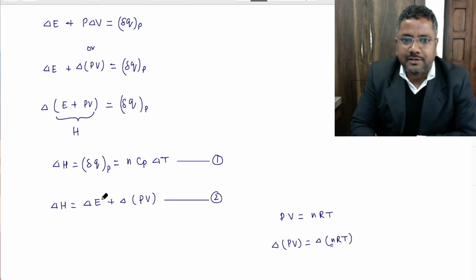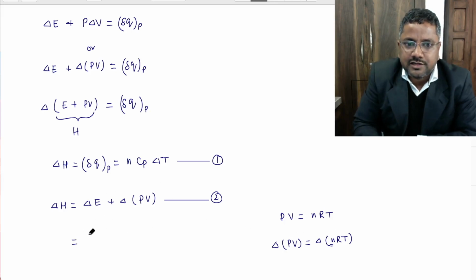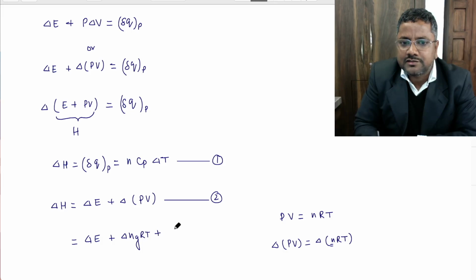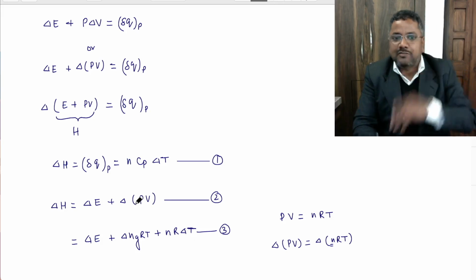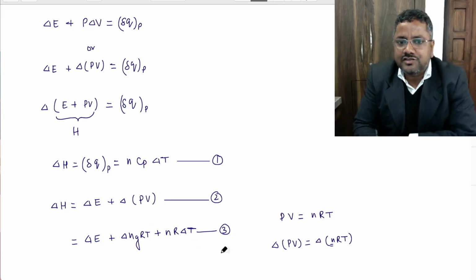So you can make another formula here, that is delta E plus delta ng RT plus nR delta T. This is equation 3, right? In place of this, we can change this.